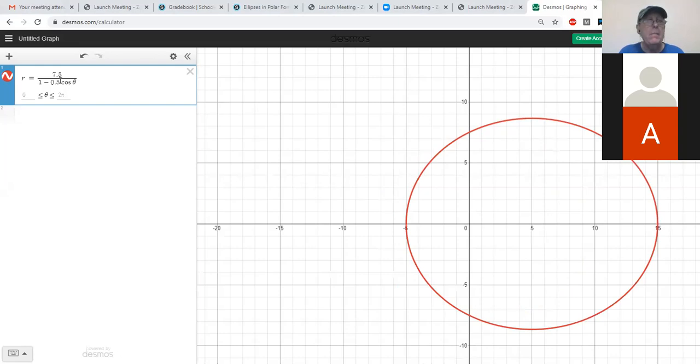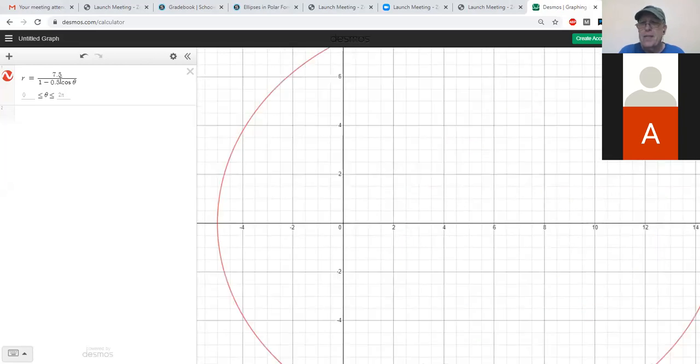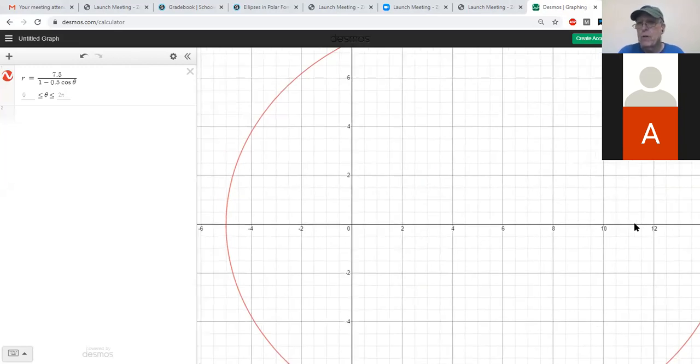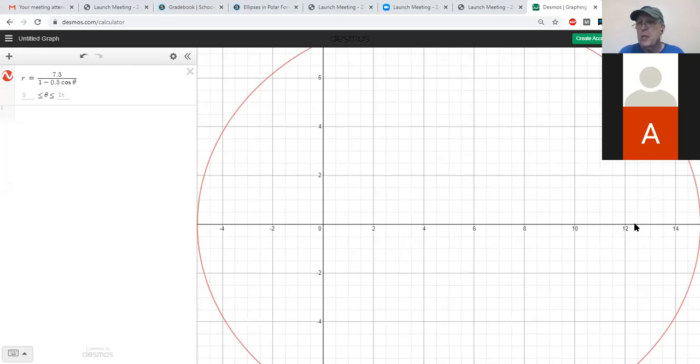Can you guys see my screen? Yeah. Okay, do you know where this point over here is? It's at 10, isn't it? So the semi-major axis, when it's in polar form, goes from the origin to the other origin. So that distance A is 10. How about that? We calculated that. Is that cool or what? Yeah, I think so.